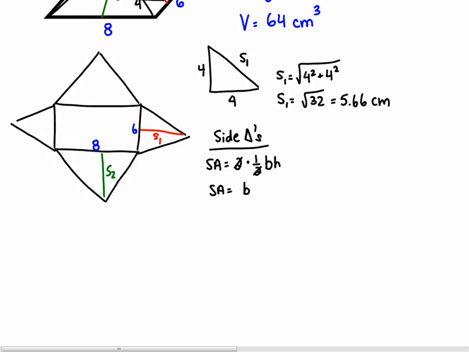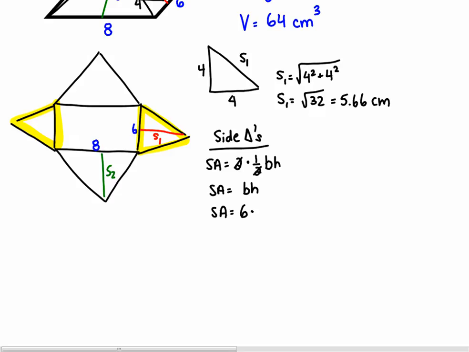Okay, so that side triangle, what was the base length? The side ones. When I'm talking about side ones, I'm talking about these triangles right here. Okay, those sides. So what's the base of that? 6.